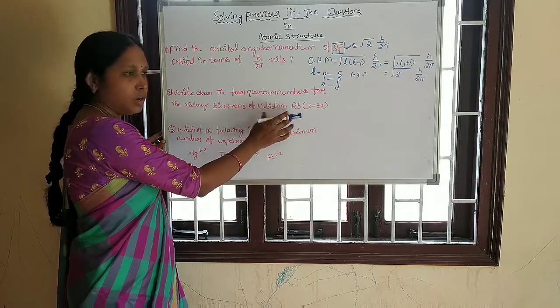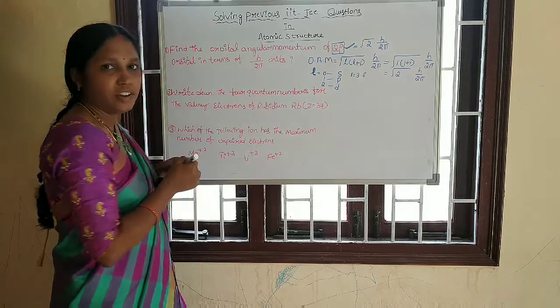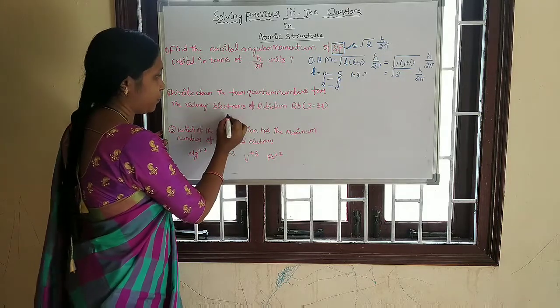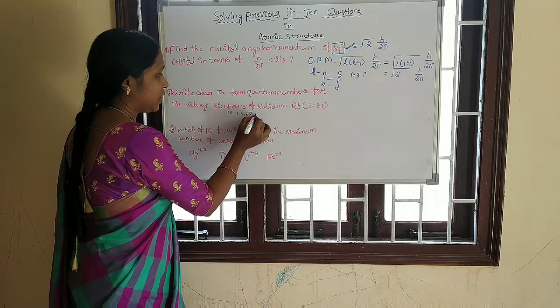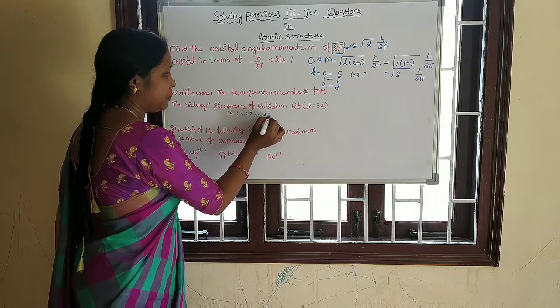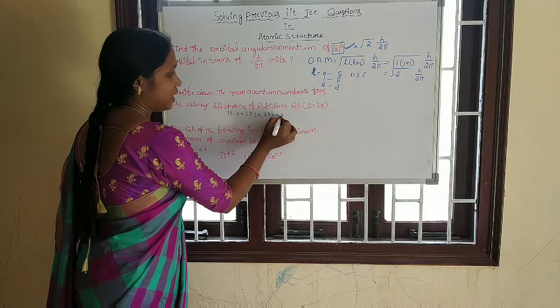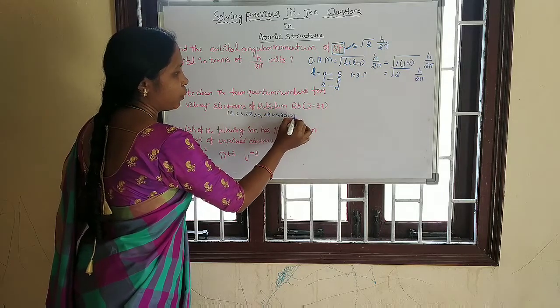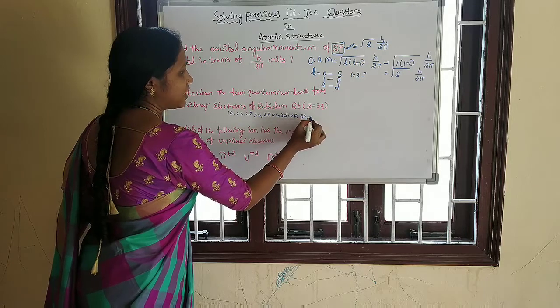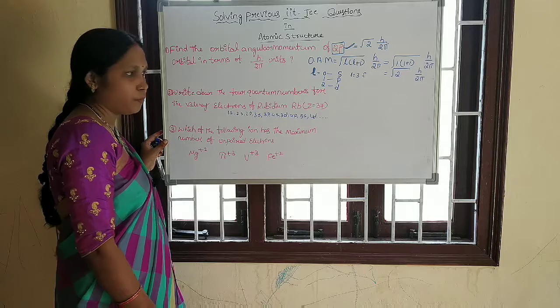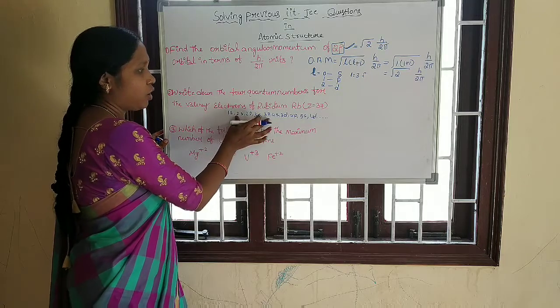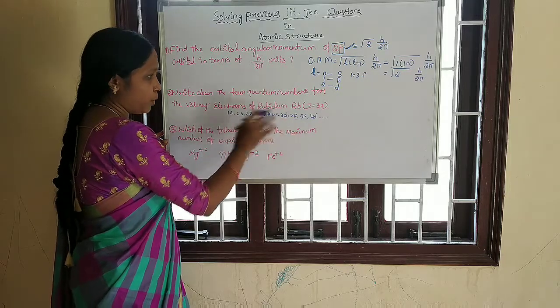Students, if you know how to write the energy order of different orbitals, that is 1s, 2s, 2p, 3s, 3p, 4s, 3d, 4p, 5s, 4d, like that, according to the Aufbau diagram, you know the order of energy of different orbitals.